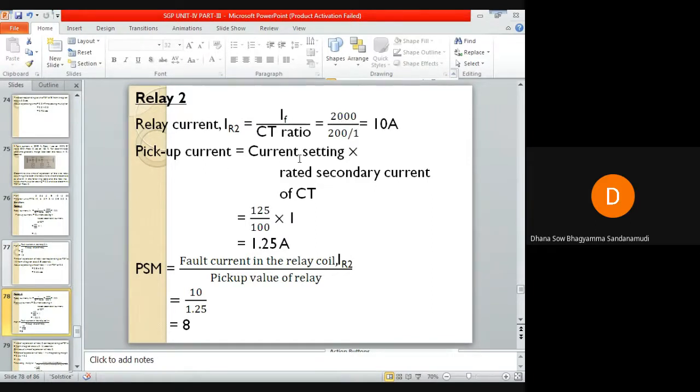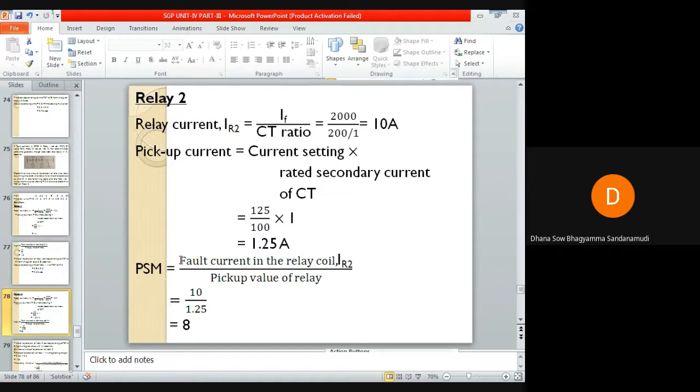Pickup current is the current setting of relay 2 into the rated current of your CT. The current setting of relay 2 is 125%. So 125 by 100 into the secondary current of your CT, which is 1 ampere. So 125 by 100 into 1, you will get 1.25 amperes.